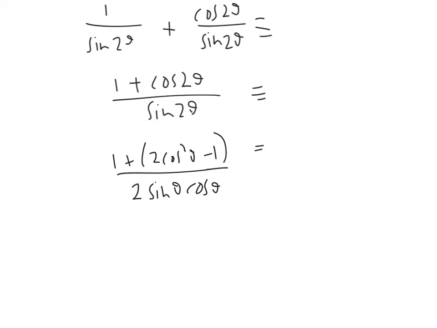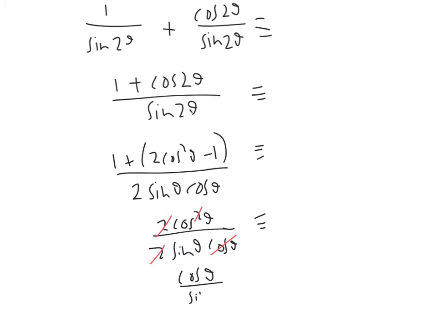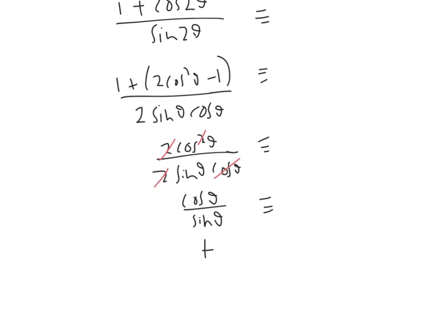The reason being that I want the minus 1, because it's going to cancel with that plus 1, to give 2 cos squared theta over 2 sine theta cos theta. And then cancelling, there will be a cos and a 2, and you're left with cos theta over sine theta, and that is cot theta.